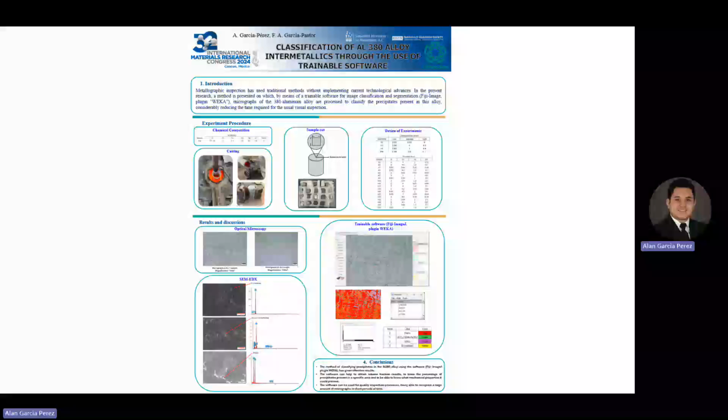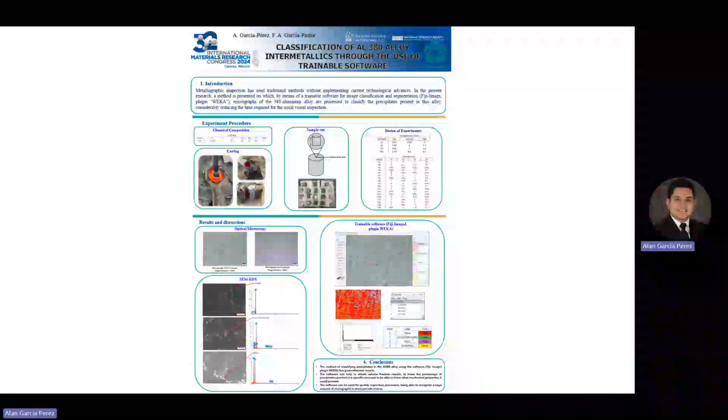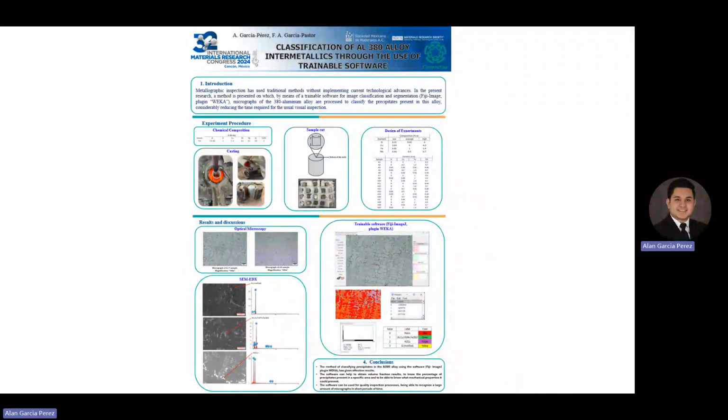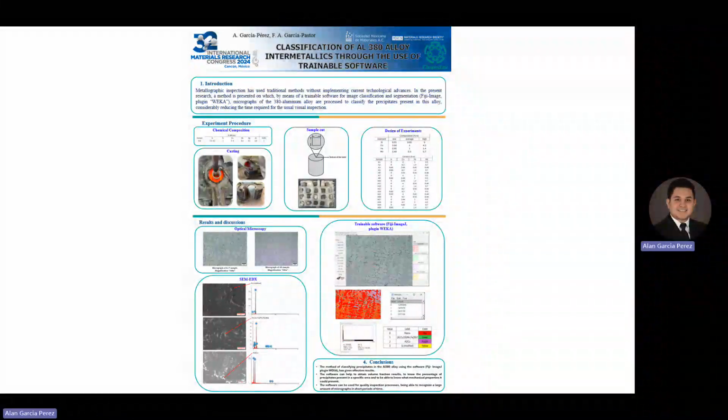After knowing the chemical composition, it was decided to perform a design of experiments, adjusting the amount of iron, manganese, copper, and silicon with random values of low, average, and high composition, as shown in the tables on the right.